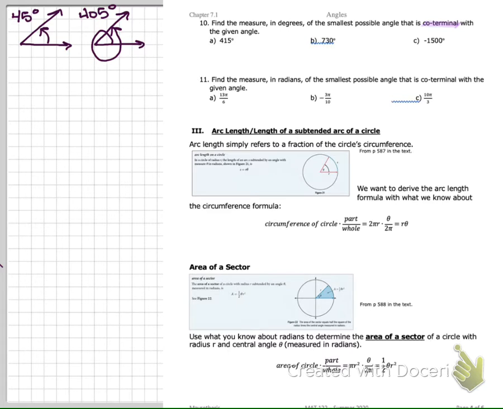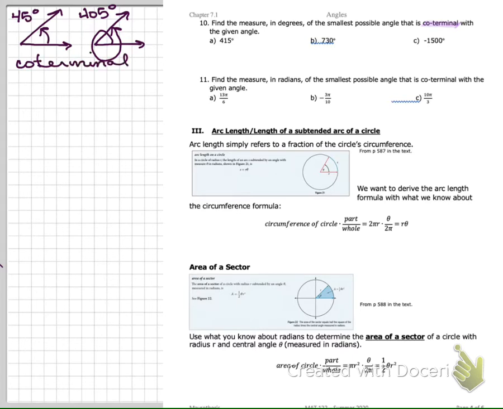So these two angles are coterminal. Their initial side, the starting side, is in the same place, and that ending side, that terminal side, is in the same place.